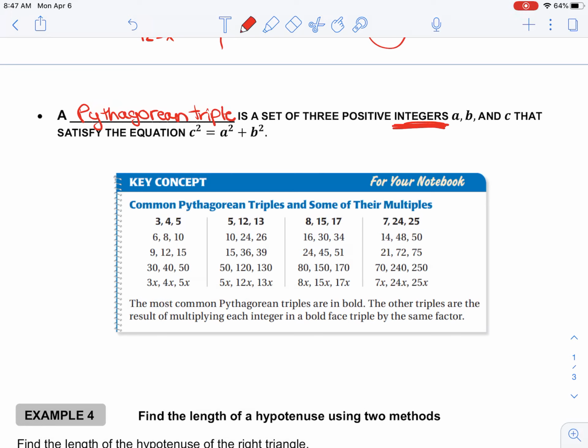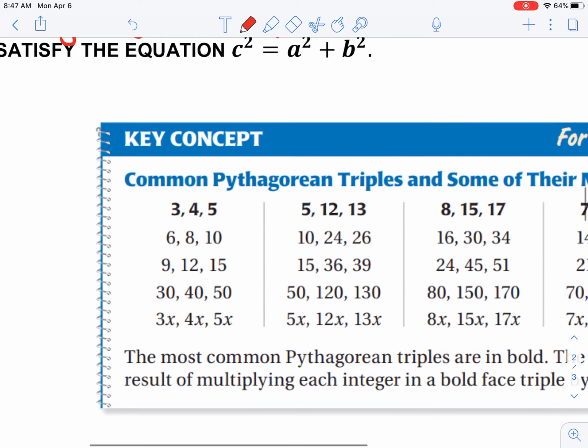So basically what this is saying is there's a whole lot of triangles that I could give you where you would solve and you're going to get a decimal. But it turns out that there's this set. It is unlimited. There's an infinite number here. But there is this set of numbers where they're going to be whole numbers when you solve with the Pythagorean theorem.